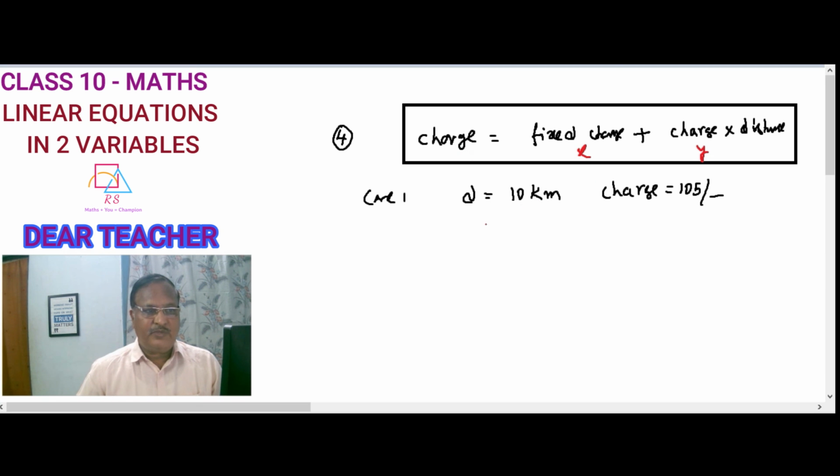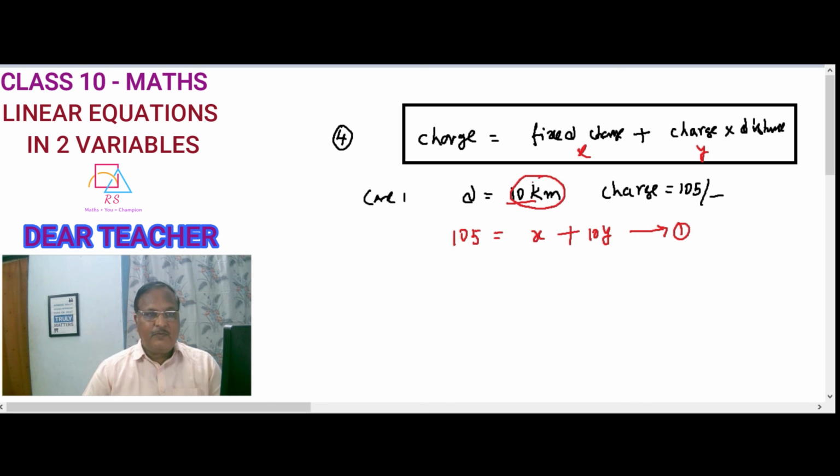So charge how much? 105 is equal to fixed charge x plus charge per distance. So 10 kilometers is there, y into 10, so 10y. So this is the first equation. That means 10 kilometers is the distance. For 1 kilometer y is the charge.